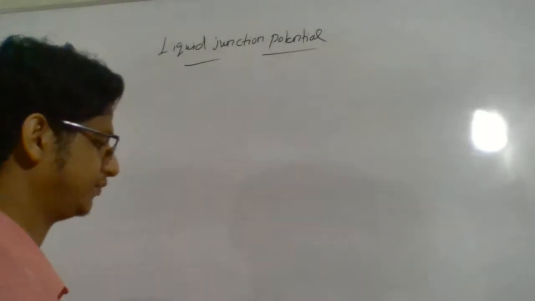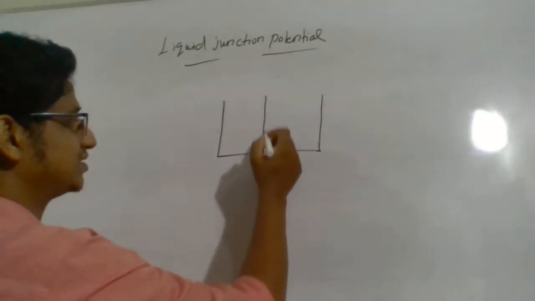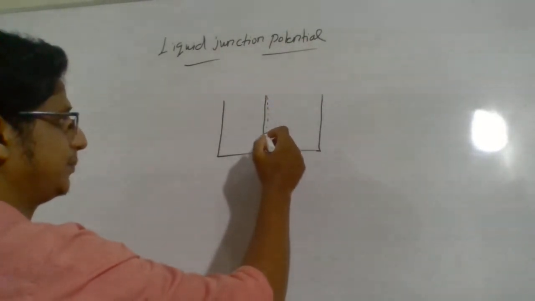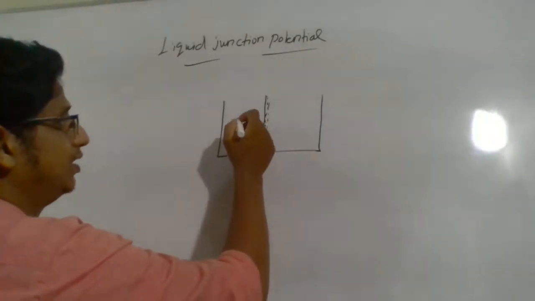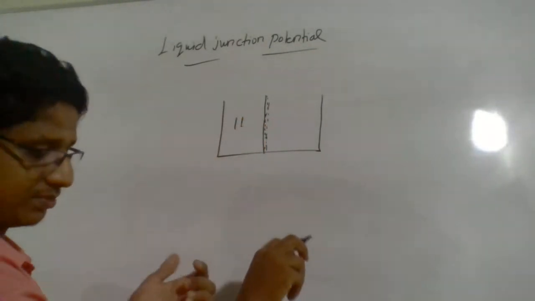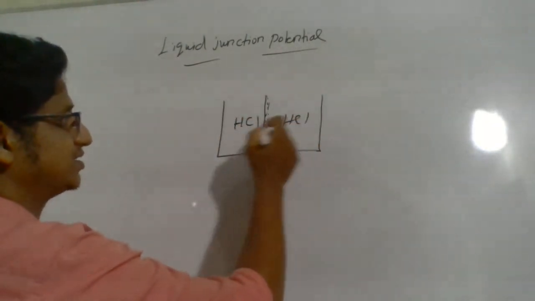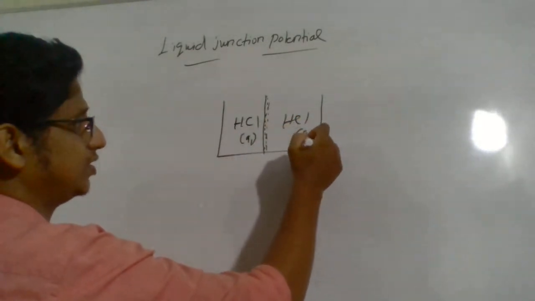Just symbolically, if you want to express, you consider two half cells where the junction will be a porous membrane, where ions are allowed to travel. Now let HCl be the electrolyte, where HCl concentration is higher here and lower here.